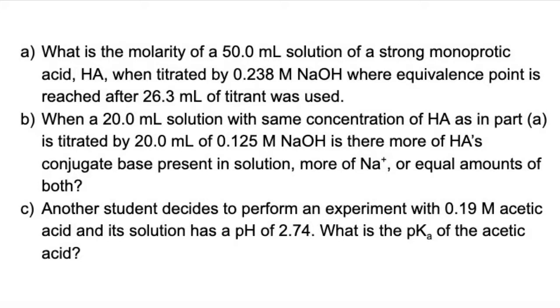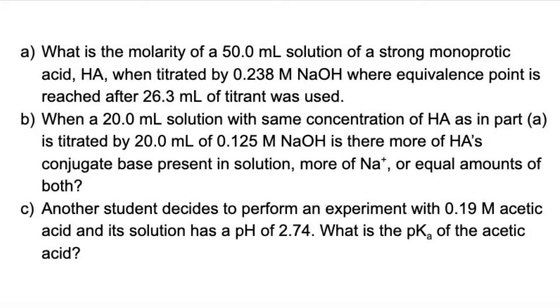That's question A. And part B is when a 20.0 milliliter solution with the same concentration of HA as in part A is titrated by 20.0 milliliters of 0.125 molar NaOH. Is there more of HA's conjugate base present in the solution, more of Na plus, or equal amounts of both?